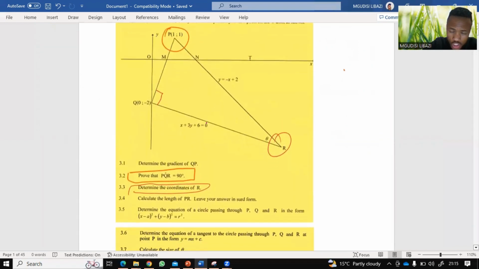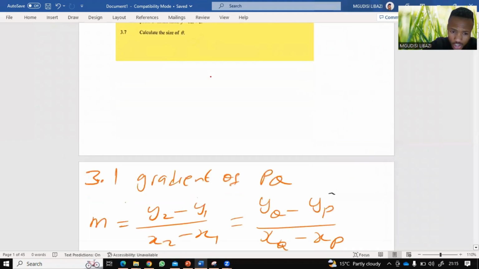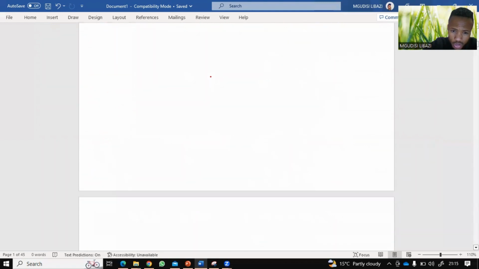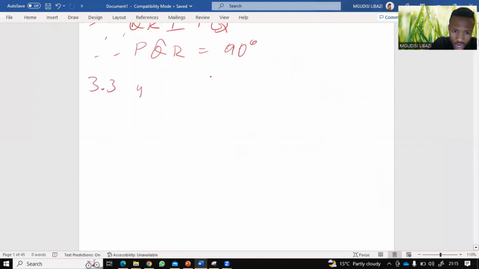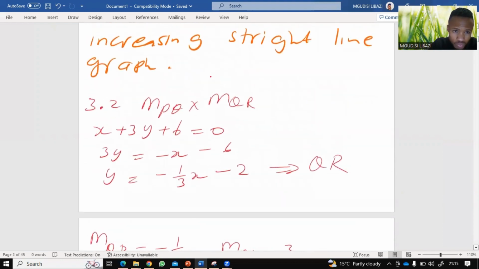Now we know the equations of those lines: the first equation that we have for PQ is y equal to negative x plus 2. And then the second equation is the one we just determined here.